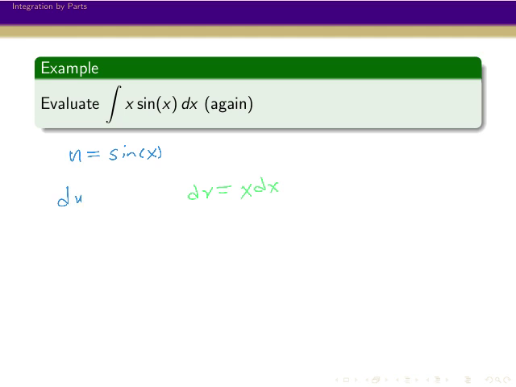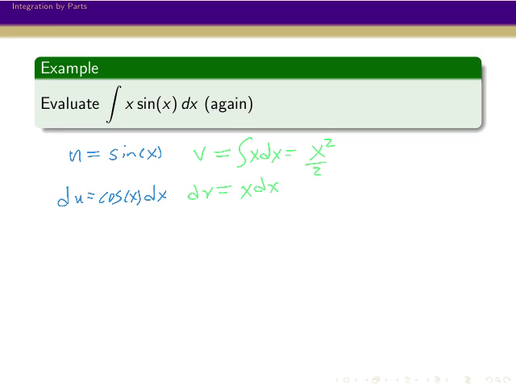Du, well, that's going to be taking the derivative of sine, so that's going to be cosine x dx. And our v, well, so that's going to be integrating x dx, and the antiderivative of x is x squared over 2.